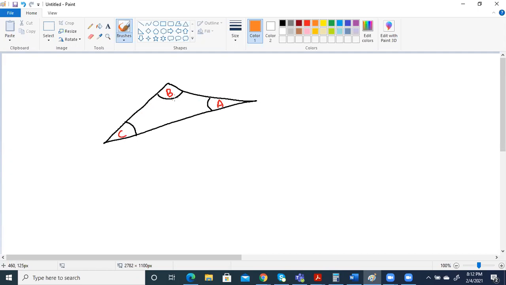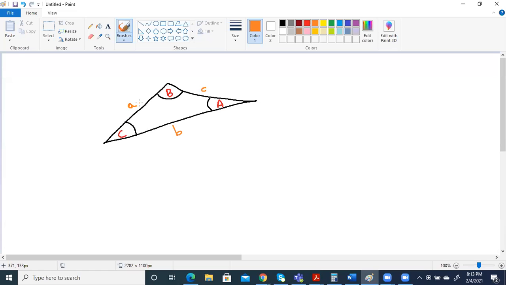You could label it X, Y, and Z, H, J, and K, 1, 2, 3. It doesn't matter. What matters though is that you appreciate that the side across from B, I'm going to call that little b. The side across from C, I'm calling that little c, and the side across from A, I'm calling that little a.